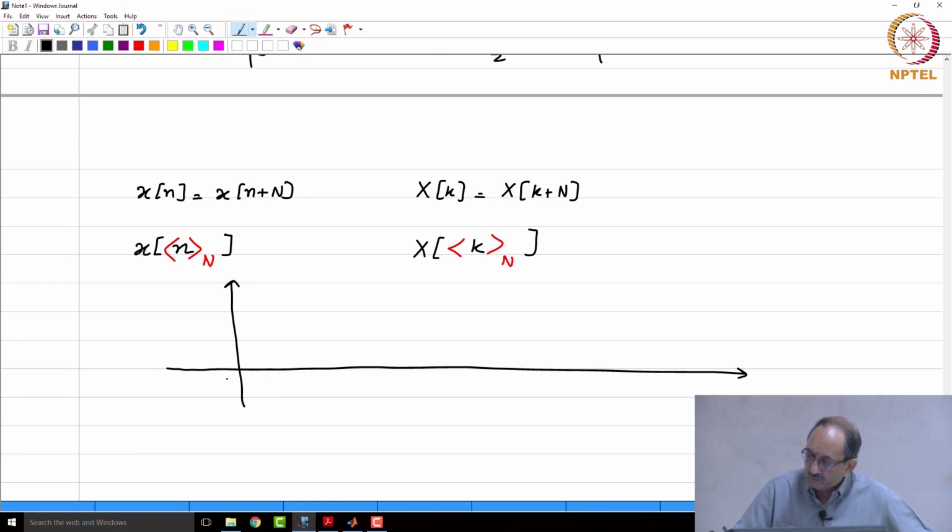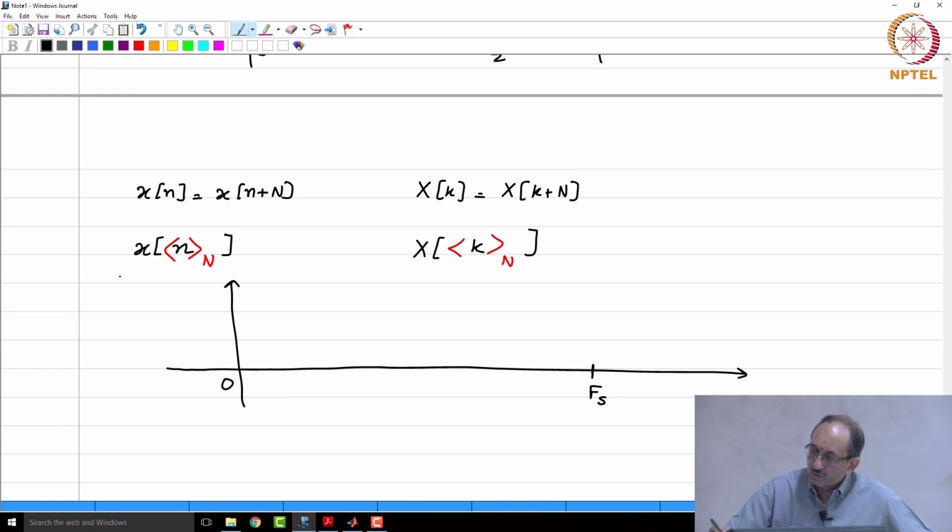Therefore, we saw that as far as the spectrum goes, the spectrum is periodically repeating, and hence if you think of this in terms of hertz, this will repeat periodically with a period of Fs, right.